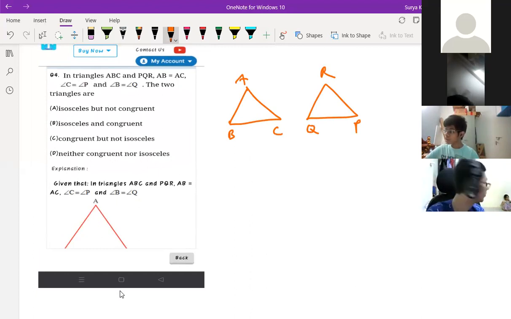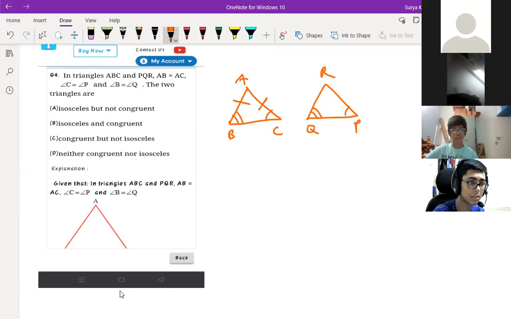So AB is equal to AC. AB is equal to what? AC. And angle C is equal to angle P. Angle B is equal to angle Q. So children, what can we do here?